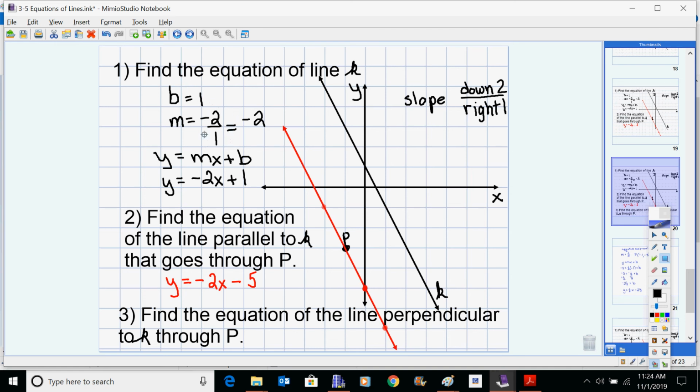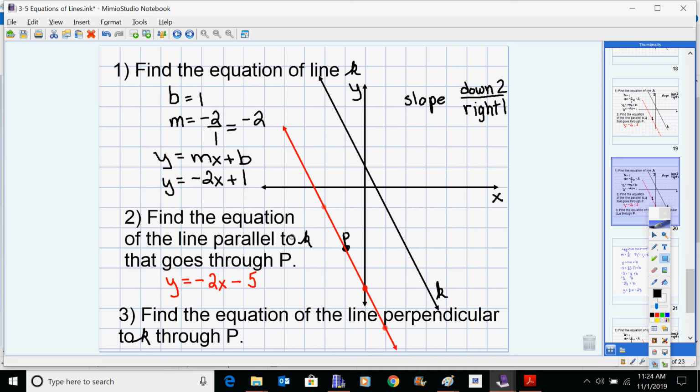That's almost right. That was the reciprocal. That's still almost right. The reciprocal is 1 over -2, but you have to make the opposite of that. So what's the opposite of -1/2? 1/2. Yep, that's it. Somebody said 1/2.